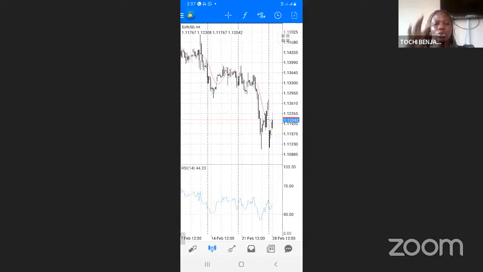You can either use your finger to enlarge the chart, the candlestick, or shrink it. Okay, bring up the chart.